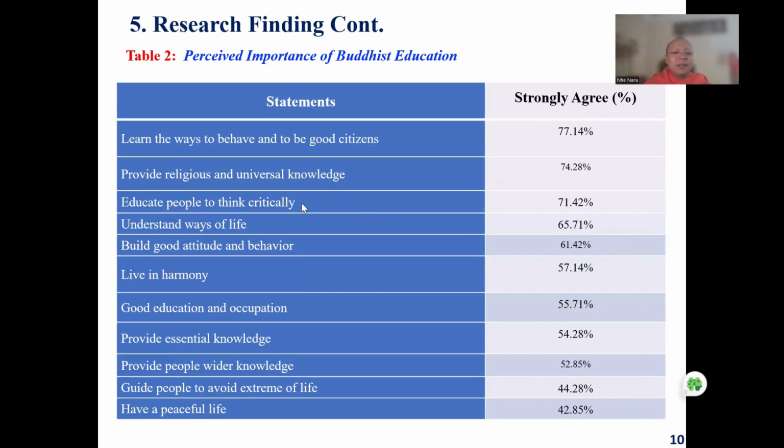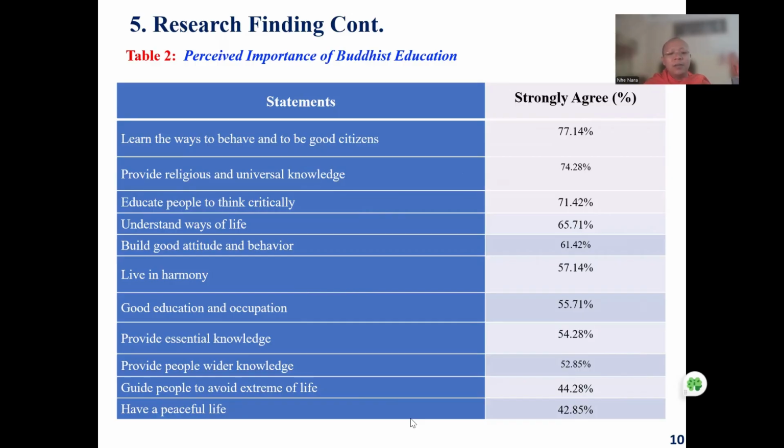To think critically. And we have living in harmony, 57.14%. And here, however, is the fascinating paradox of this research. Even though this study focuses on moral conduct and living a peaceful life, having a peaceful life gets the lowest score, just 42.85%. Why?